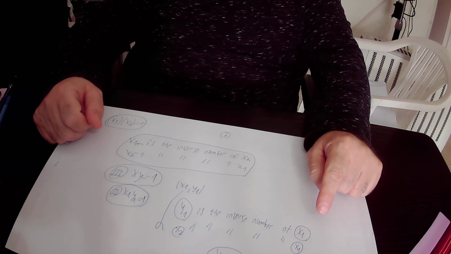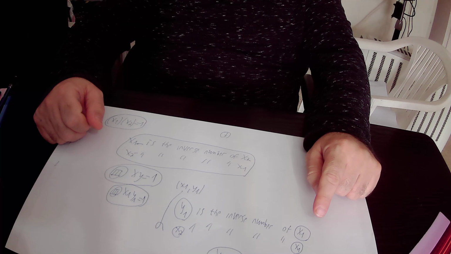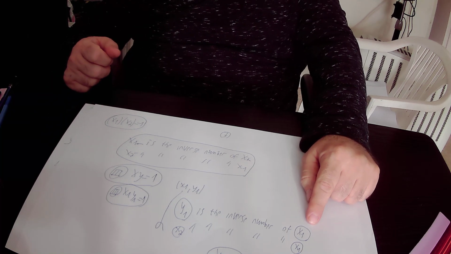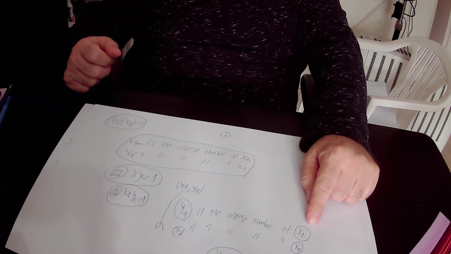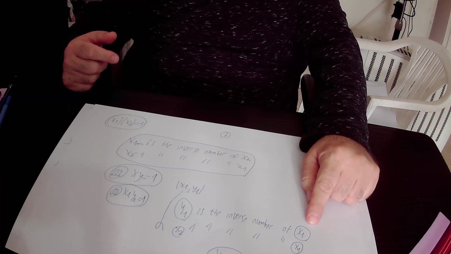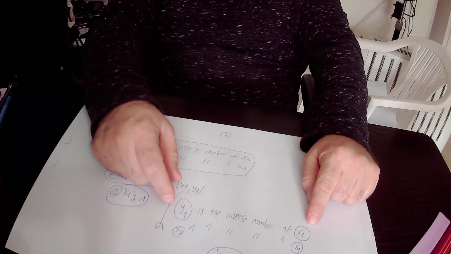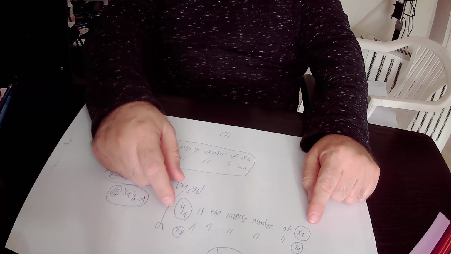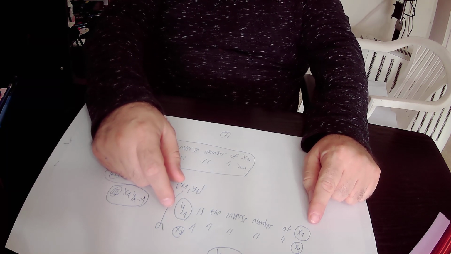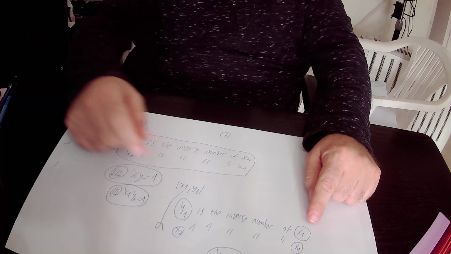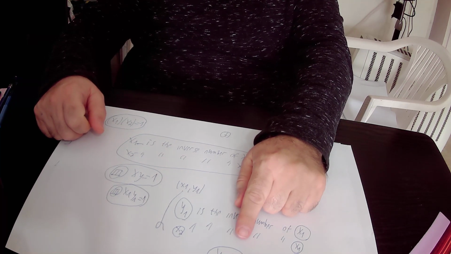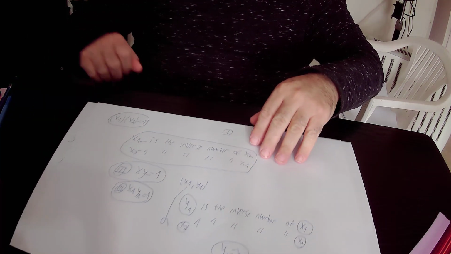Okay? But we have the rule that every number has only one inverse number. So if we have two numbers that are the inverse number of another number, they must be equal to each other. That is to say, y1 equals x2.